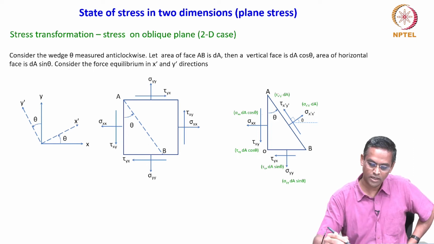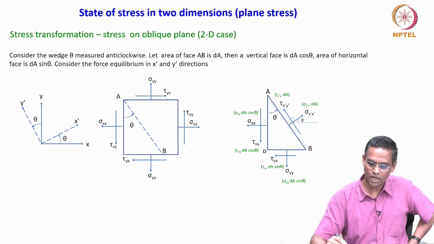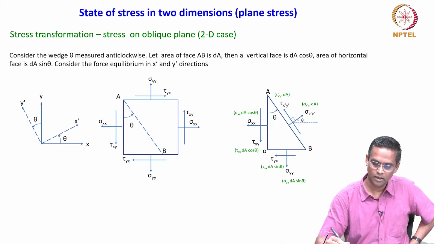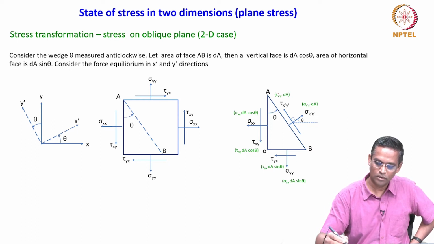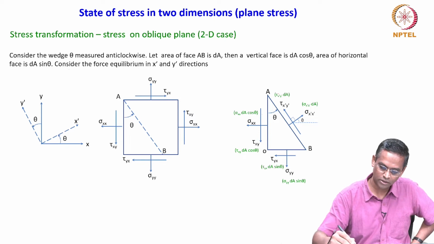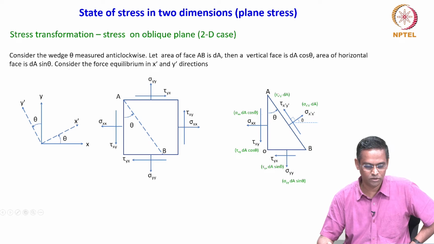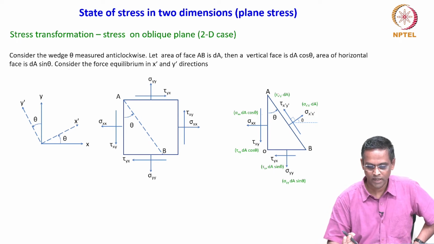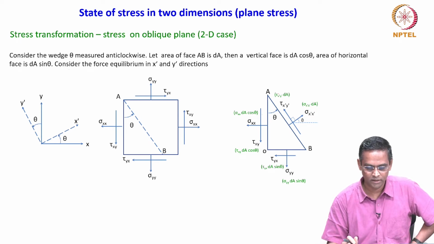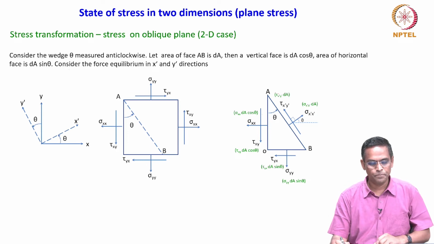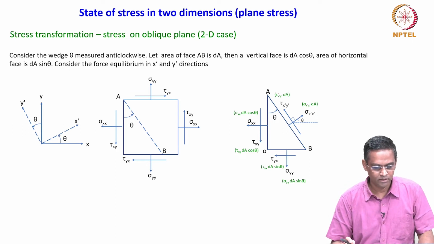But we are interested in this rotated, oblique plane, and we are now trying to calculate the force equilibrium based on this particular plane. So, how are you going to do it? Look at it so that there is no confusion.